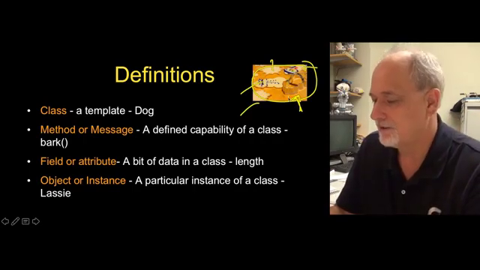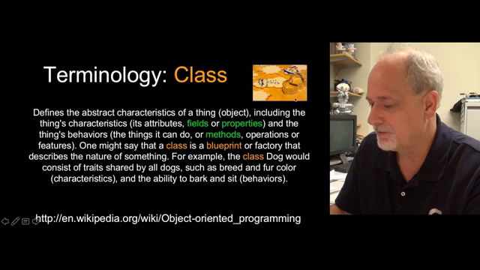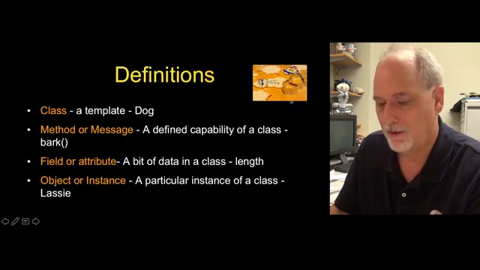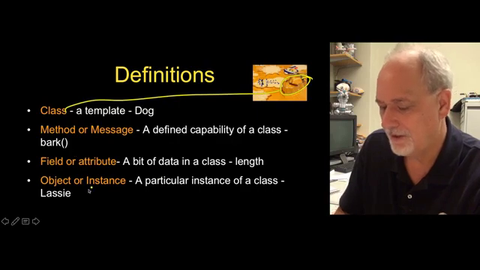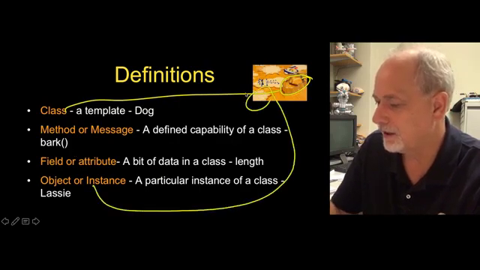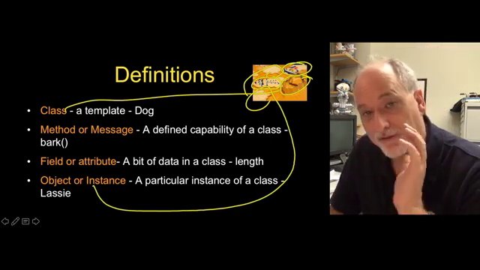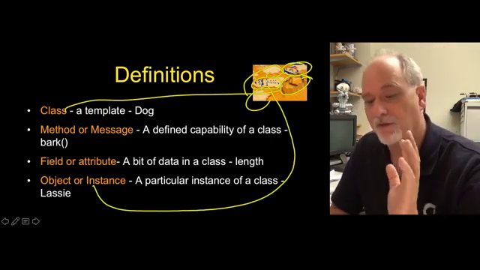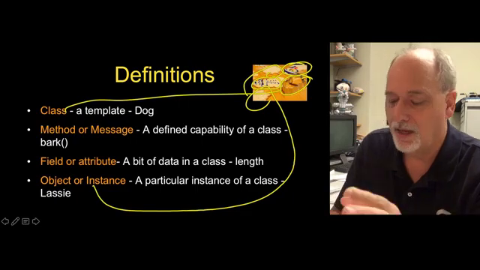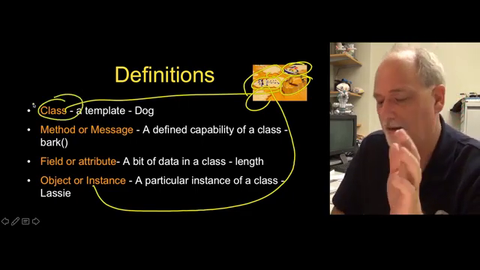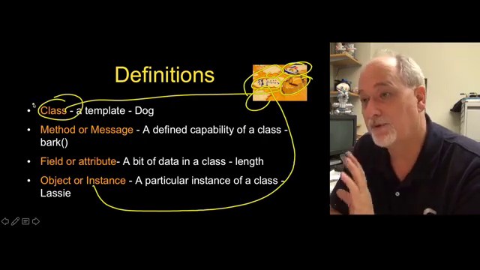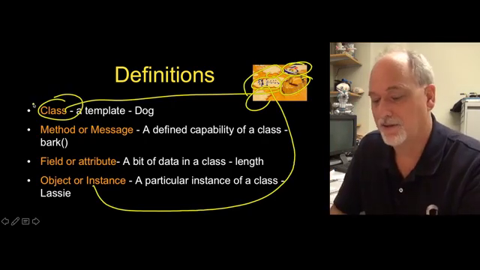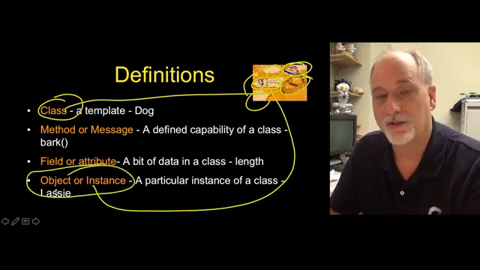The class is the template, and then the objects are all of the cookies that are made from that template. But the template defines the shape and the nature of the class. The code we write is the class code, and then later we say, oh, let's take that template and make ourselves an object or an instance.